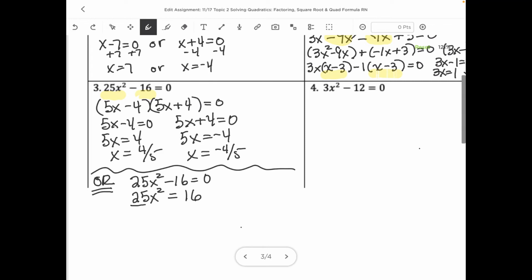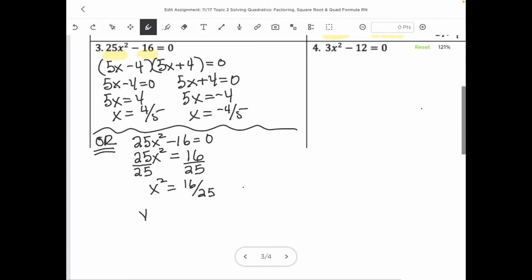You're going to isolate the x squared, so we do have to divide by the number in front of x squared before we square root. So x squared equals 16 over 25. And then we're going to square root both sides. So the square root of x squared equals plus or minus the square root of 16 over 25.